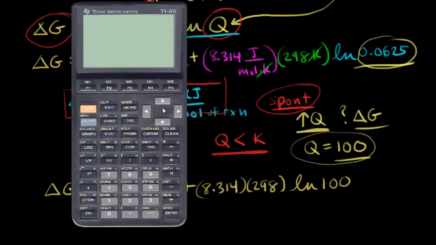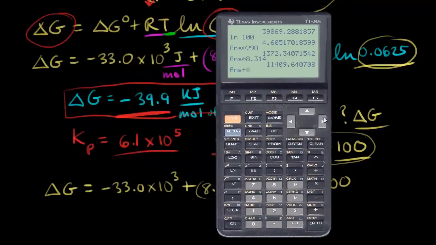Let's do the math. We need to find the natural log of 100, and we multiply that by 298, and we multiply that by 8.314, and then we add that to delta G0.